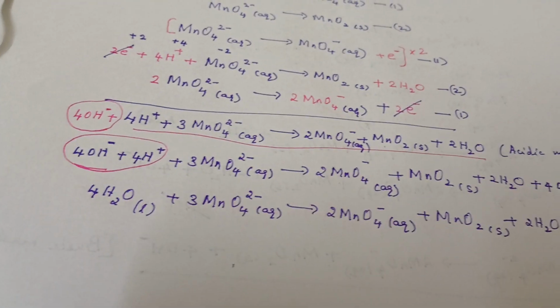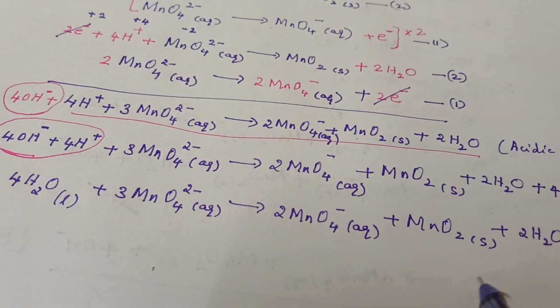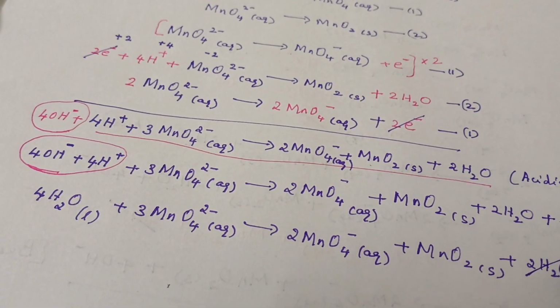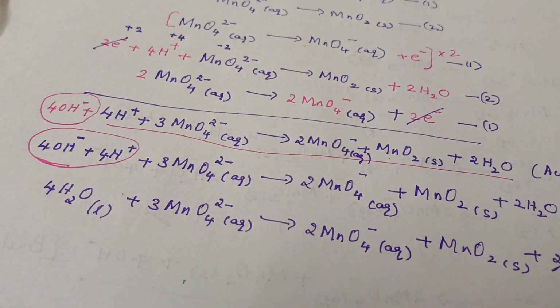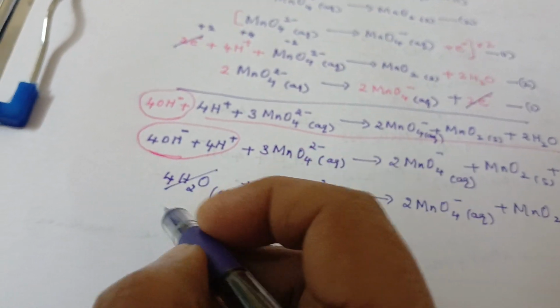Now one more thing we can do, because here there are 4 water molecules and on the right hand side there are 2 water molecules. So 4 minus 2, this 2 can go, and here we can change this to 2.